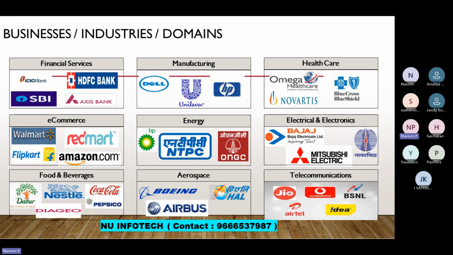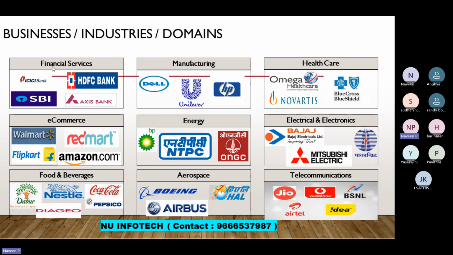If you look at the data, it has a lot of domains. Financial data will be there. I mean financial companies, manufacturing companies, healthcare, e-commerce, energy, electrical and electronics, food and beverages, aerospace and telecommunication.